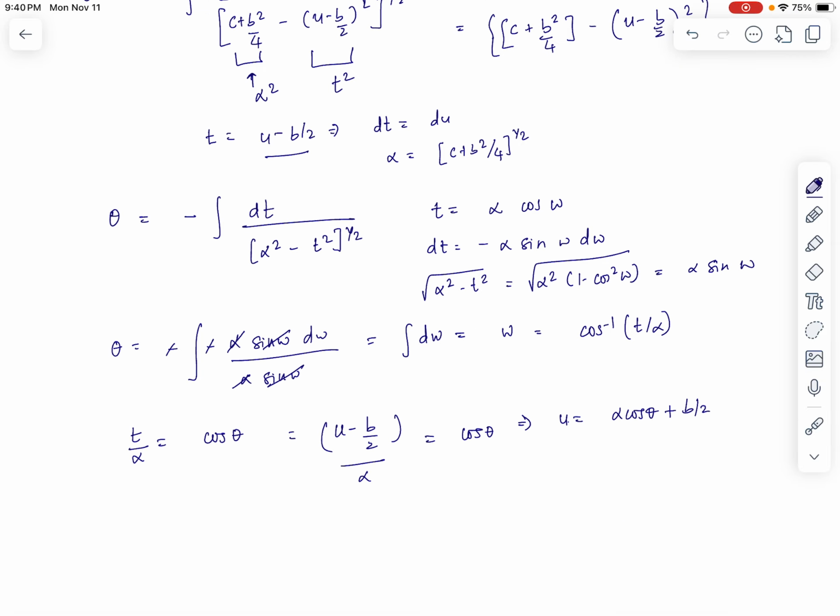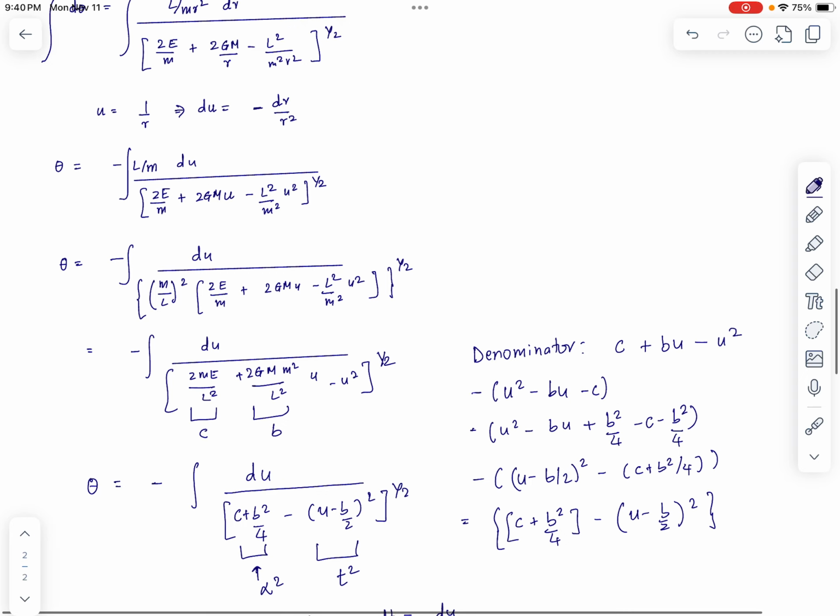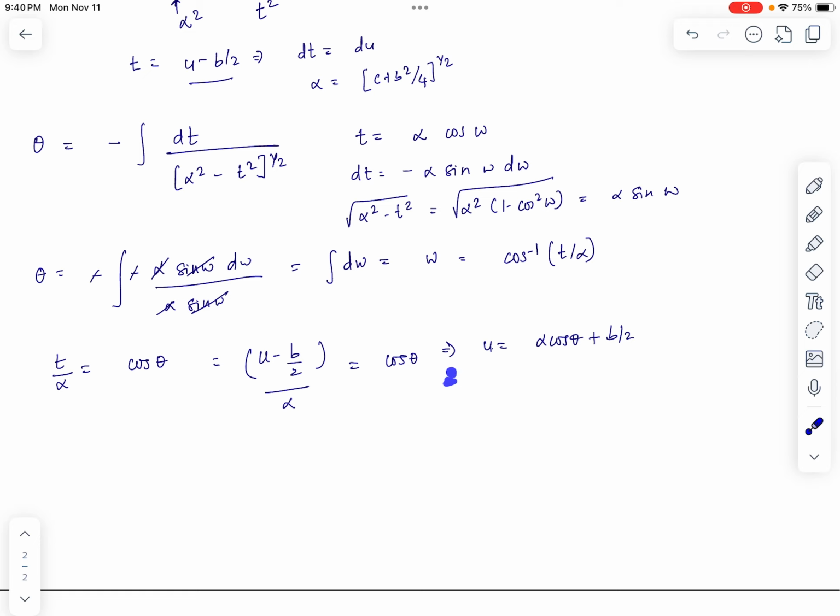Right, so that's what we have assumed a long time ago, right? So u equals 1 over r. So we have 1 over r equals alpha cosine theta plus b divided by 2, or we have r equals 1 divided by b divided by 2 plus alpha cosine theta. Okay, so that is a very generic form for the equation of the planetary orbit.